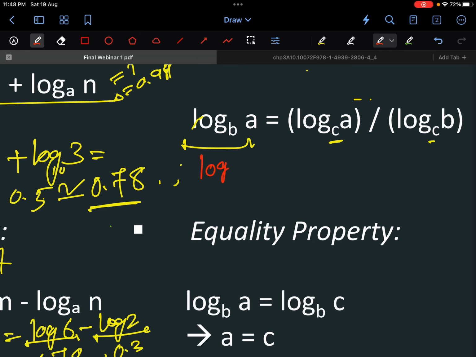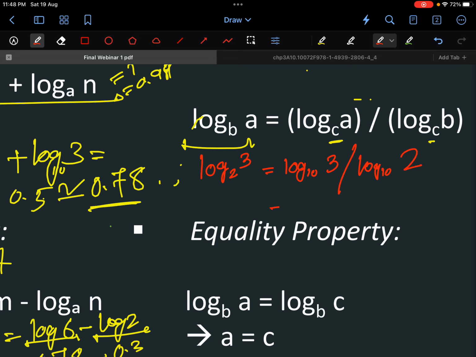Log 3 with base 2. Now the log base is not 10, it is not e, it looks really complicated if you don't know the properties. But log 3 of base 2, we can convert into log of something we know, that is log of base 10, and it is log 3 divided by log 2, both of base 10.